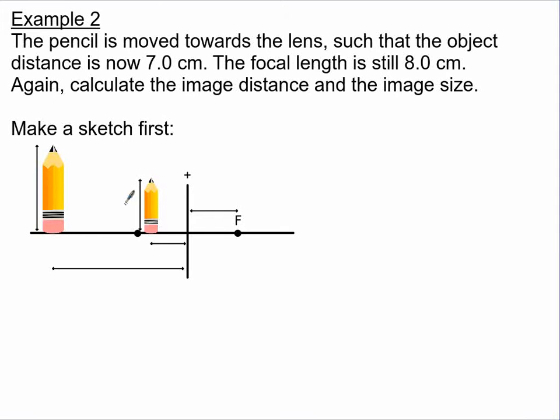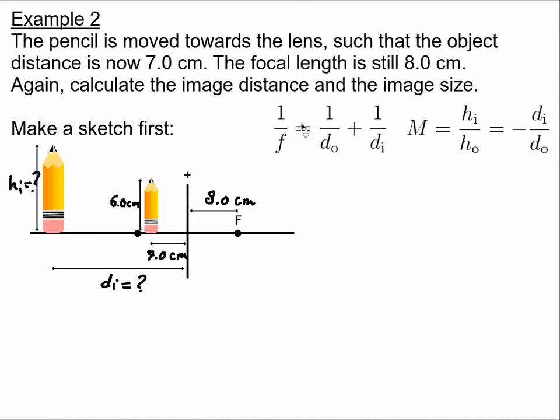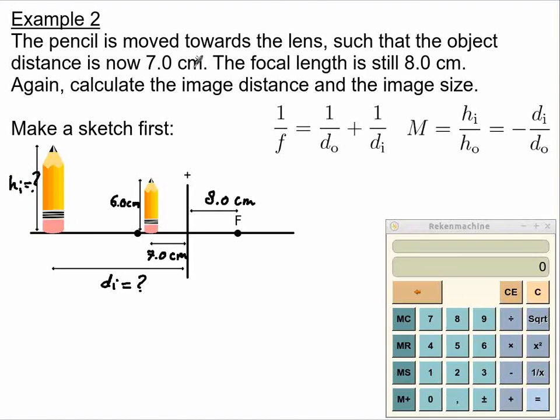Again, fill in what you know. Now the image distance and the image height are unknown. Write down the formulas and fill in what you know. First, we will use the lens equation. Use your calculator here.